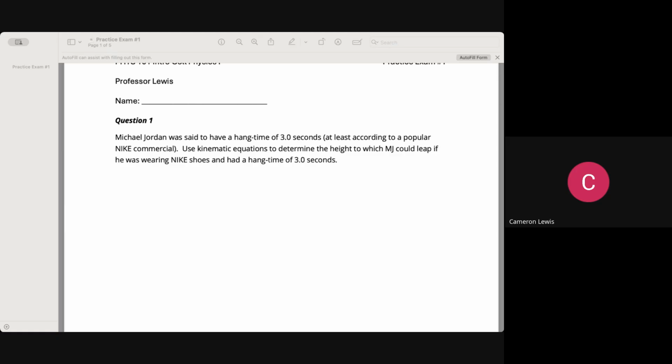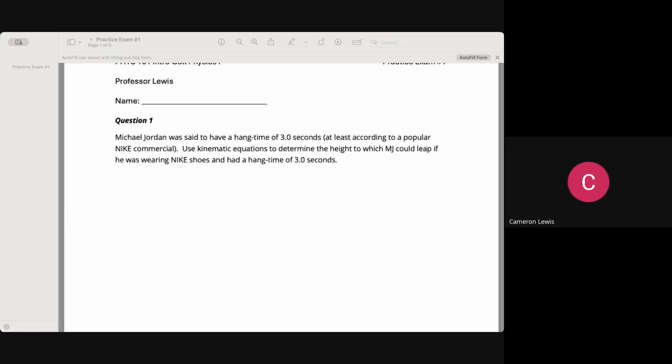The first one was something related to average speed, which ended up being our change of position over time.